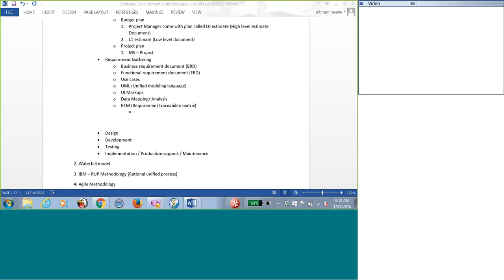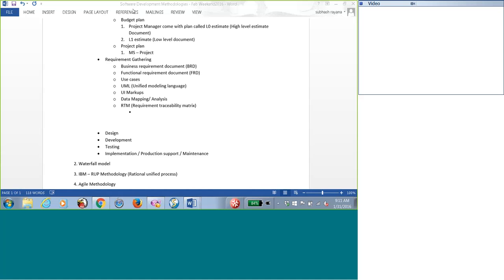Then we said that planning and analysis is the initial phase where the goal is to identify the scope, identify the objective, and make sure that we clearly identify the scope, the goals, and also the feasibility, whether it's feasible or not, and make sure that we take it to the next step, right?